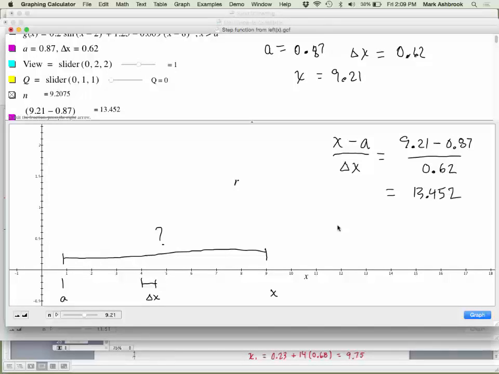Yes, that's what we need. So what we need is some mathematical operation that takes this and removes this extra amount, so we get just the whole number, and that's called the floor function.